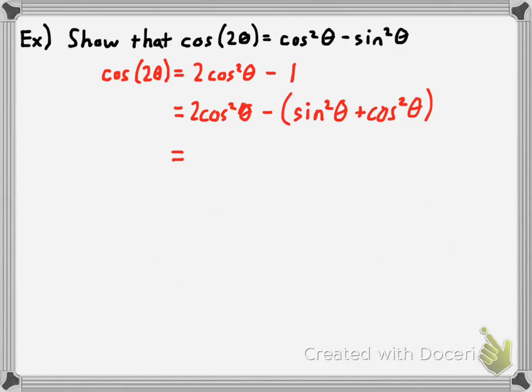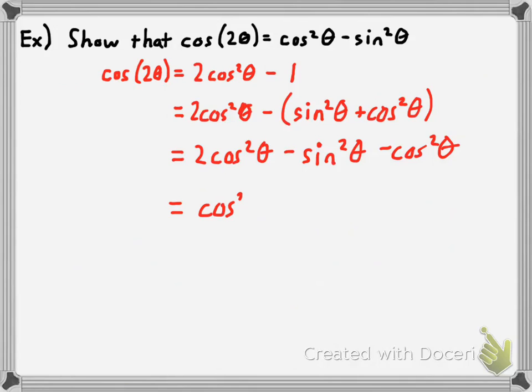All right, now let's distribute that subtraction sign. That'll give me 2 cosine squared theta minus sine squared theta minus cosine squared of theta. And then if I have 2 cosine squared theta minus 1 cosine squared theta, that's going to equal 1 cosine squared theta. And then I've got minus the sine squared of theta.